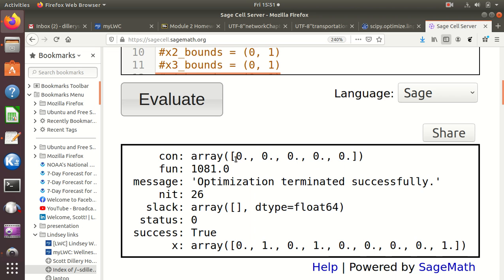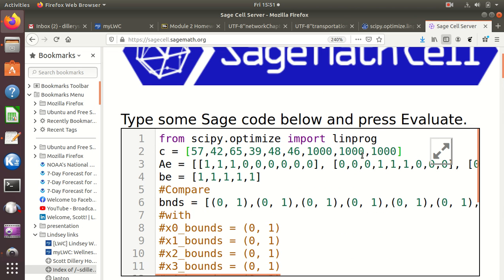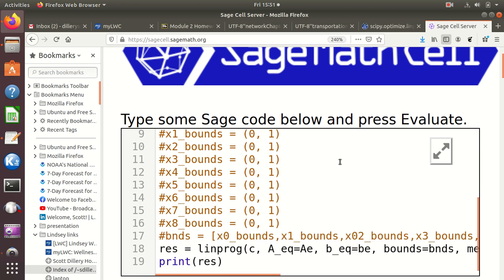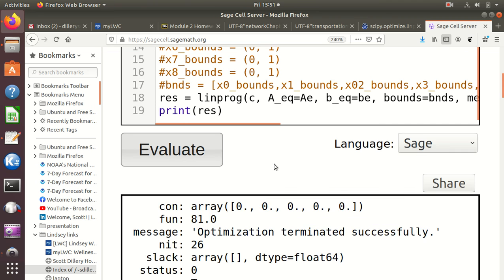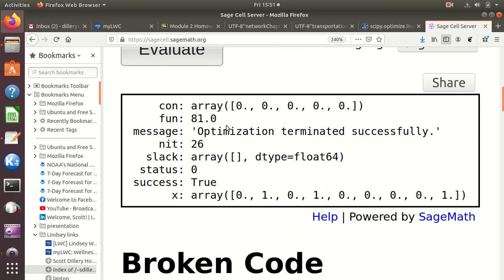But so, go back up here, and what if I had just done those as zeros? And I don't think that hits the intuition as fast that, oh yeah, I can just make them all 0. And I evaluate that. Now I get my value of 81, and I do get the same solution.